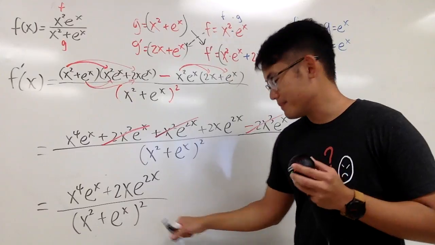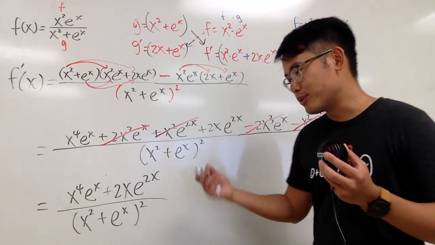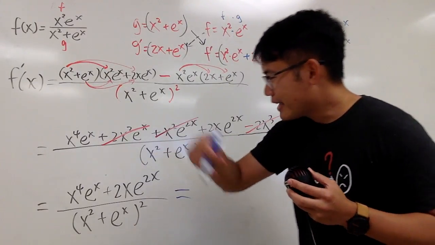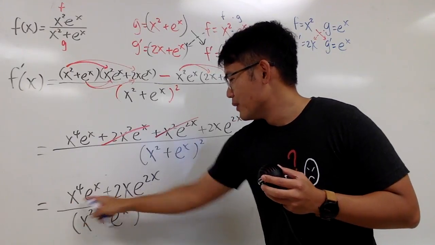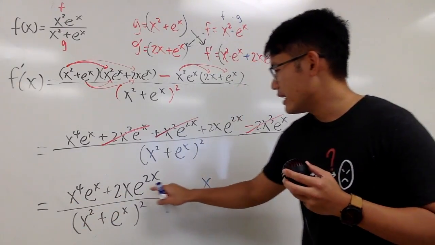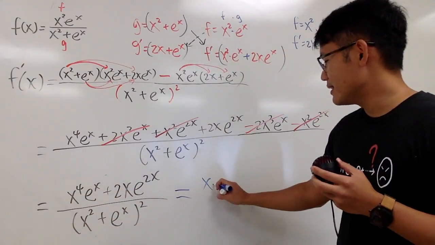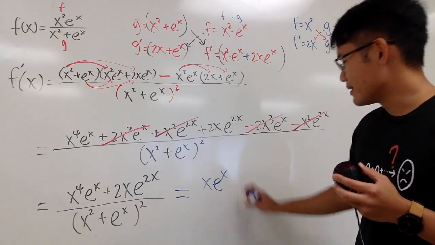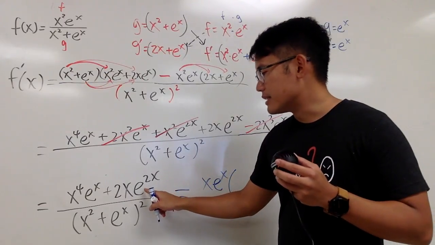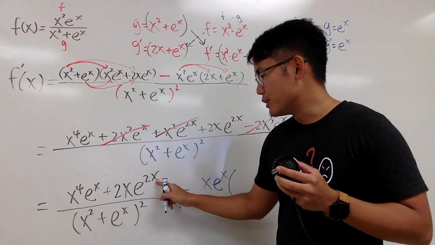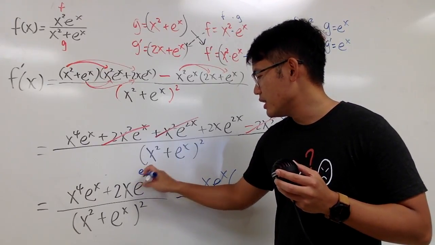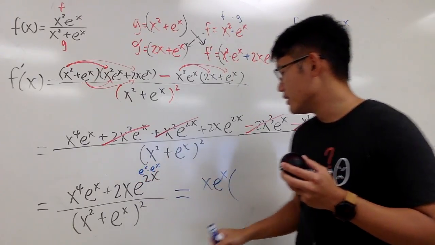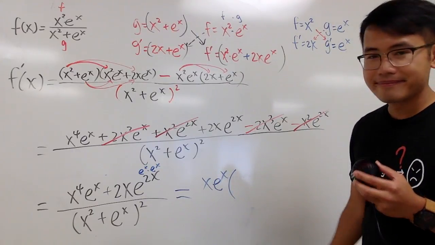That's pretty much it. And for the people who really like to do factoring, on the top, we notice we can factor out x, and then maybe just e to the x, right? If you would like to factor. I know this is e to the 2x, but remember this is saying e to the x times e to the x. That's why I factor out e to the x, right?